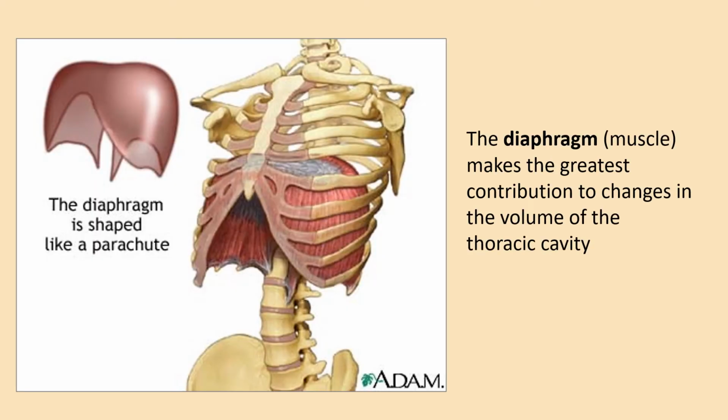The primary respiratory muscle is the diaphragm. The diaphragm is a dome-shaped, sheet-like muscle that forms a physical, airtight, liquid-tight barrier between your thoracic cage and your abdominopelvic cavity. The diaphragm is a major landmark in the body because it separates these two major body cavities, the thoracic cavity from the abdominopelvic cavity.